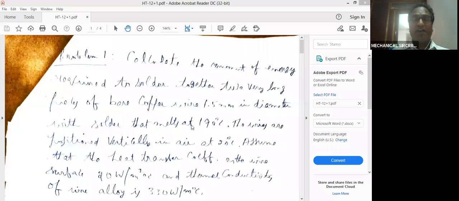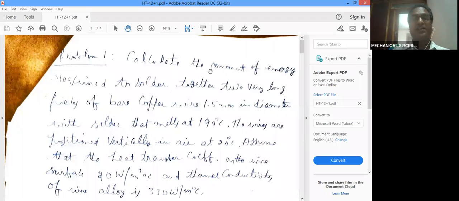So in this class, based on yesterday's derivations, the temperature distribution equation as well as the heat transfer rate equation, we'll solve some problems today for the lengthy fin. So all of you read the problem.